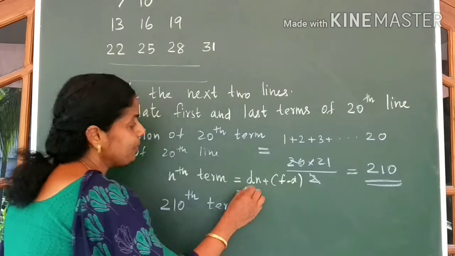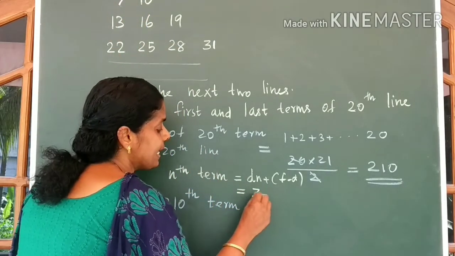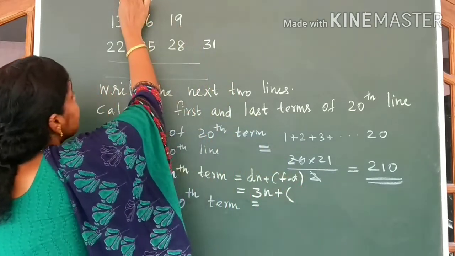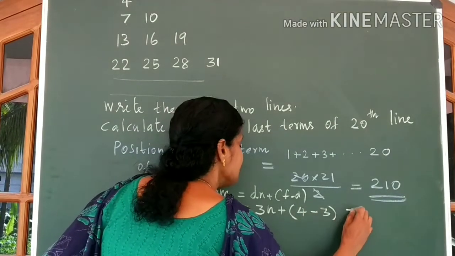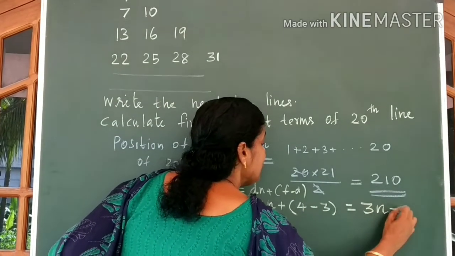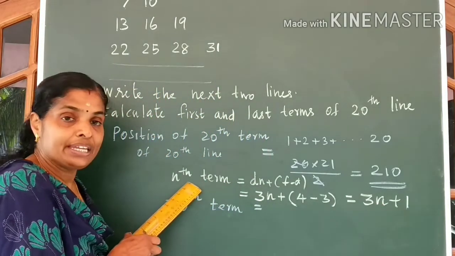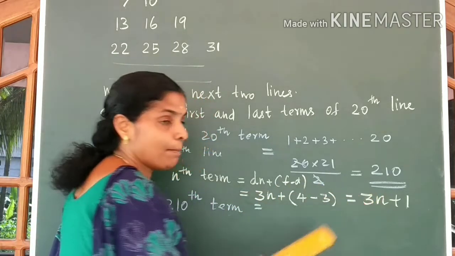That is equal to, what is the common difference here? Common difference is 3. So you get 3n plus first term is 4. So 4 minus 3. That is equal to 3n plus 1. Clear, children? What I wrote here is the nth term. Nth term is 3n plus 1.